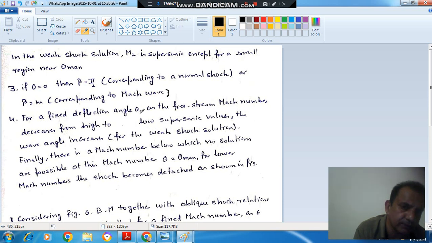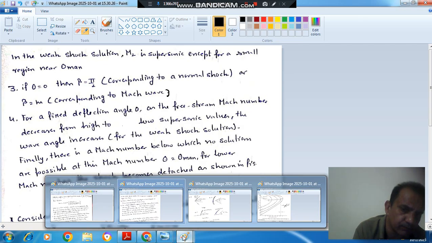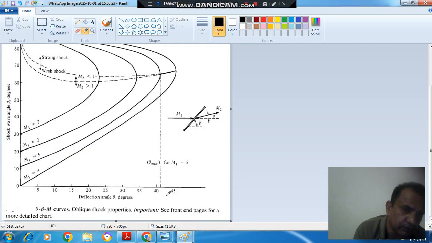Now the fourth point is, if we take a particular deflection angle theta and take the weak solution, then suppose we take 25, we can see that here the Mach number is infinity, then Mach number is 5, then Mach number is 3, then Mach number is 2.